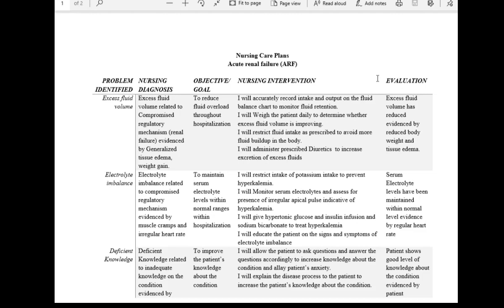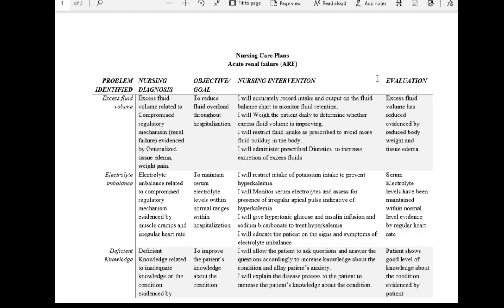So therefore, I will monitor serum electrolytes using laboratory tests, and therefore note if we have any electrolyte imbalance.